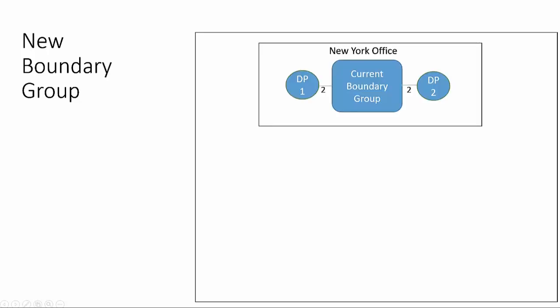Let's look at the workflow of this new model. So we have a company who have an office in New York with two distribution points. If a client is requesting for a content, it randomly selects one of the distribution points in its current boundary group, which could be DP1 or DP2 in this case. What if the content isn't available on that DP?